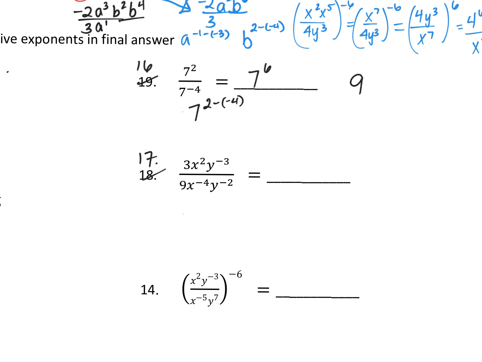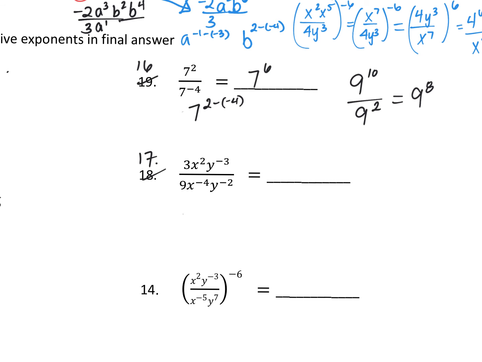Oftentimes we'll put a problem like 9 to the 10th divided by 9 squared, thinking this is a quick, easy problem, right? Those are easy points. What should we have? What do we get? Nine to the 8th. I don't need you to know what 9 to the 8th is off the top of your head, but we should know that's 9 to the 8th.